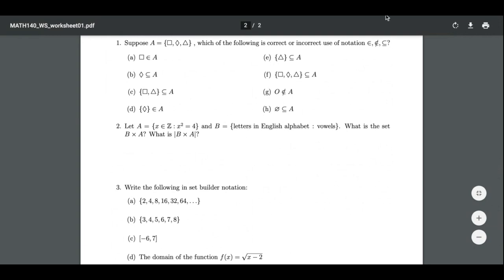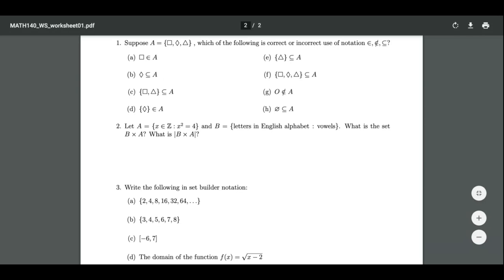Is this called rhombus? Rhombus or kite? Anyway, so I have these 3 shapes. Which of the following is correct and incorrect? Use the notation. A is correct, yes. Is B correct? No.